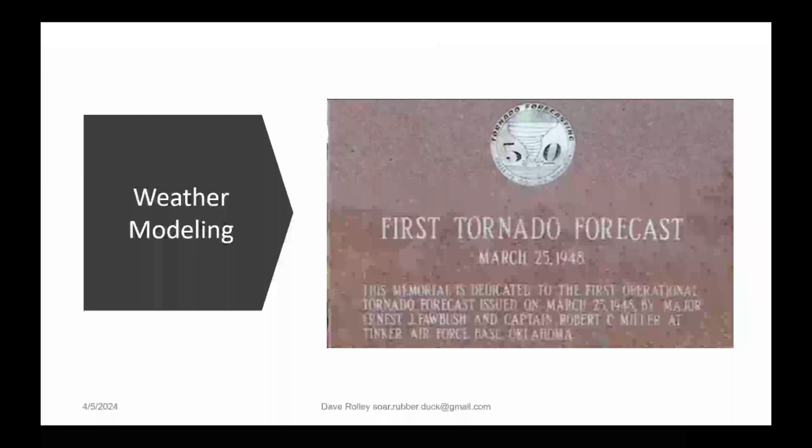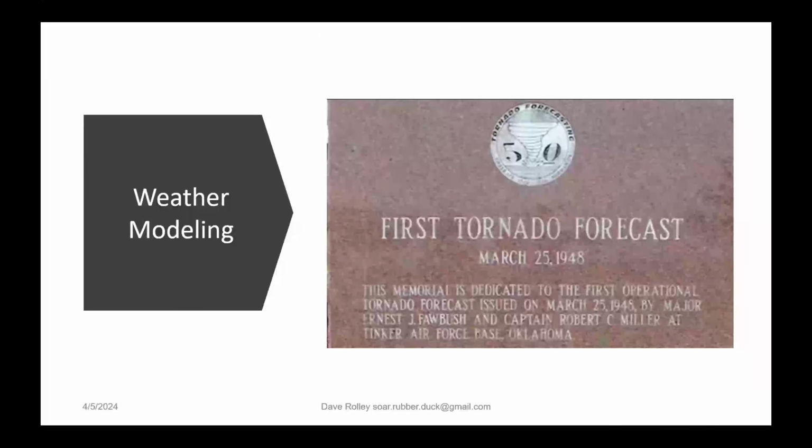So when we start talking about weather modeling, the U.S. government in some form or other has been recording weather observations going back into the 1800s. But the forecasting was based on the experience of the individual forecasters, and there weren't any formal tools.